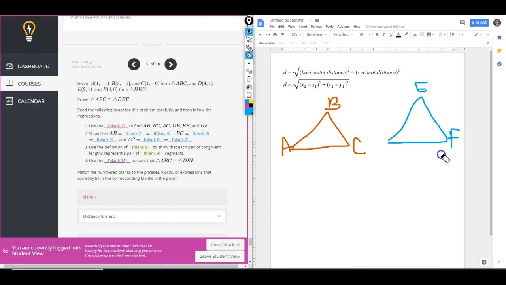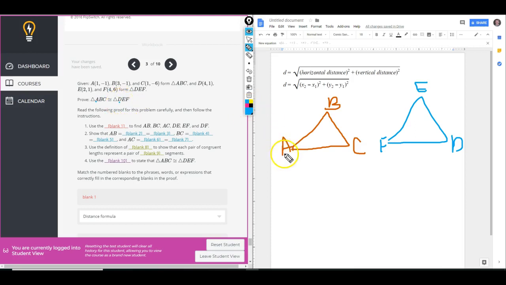Actually, let me do this just to show you what I'm talking about. Just because A starts here, it does not mean that it is corresponding to whichever label is listed in that position. Because A is the first label in this triangle, it's going to correspond to the first label, or the first point, in the next triangle.